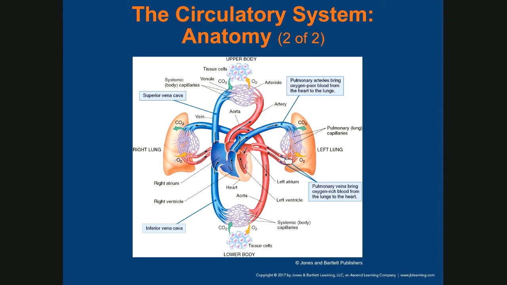The pulmonary veins now transport the oxygenated blood. So the blood is now oxygenated. It now transports that oxygenated blood to the left atrium. The left atrium then contracts and pushes that blood through a valve on the left side.